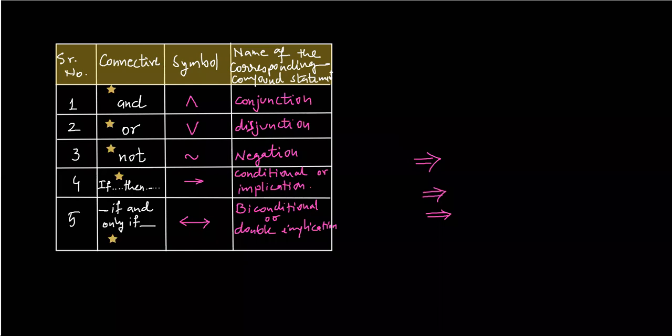So when I'm using the logical connective if, then I'm using this symbol, and the compound statement which I'll be getting is known as conditional or implication. What does that mean?